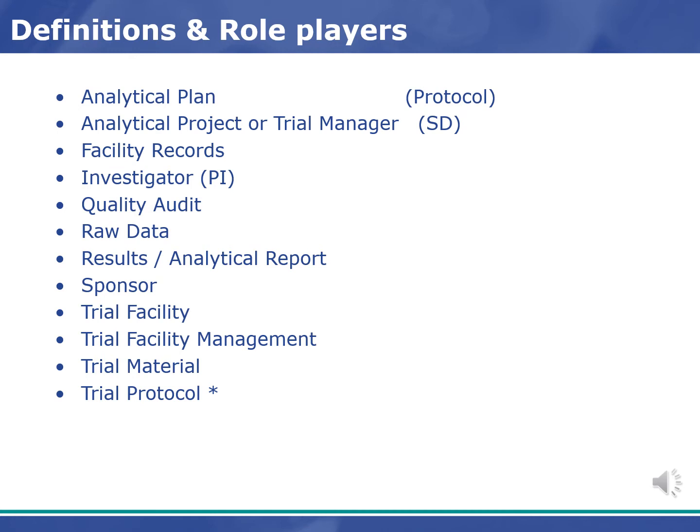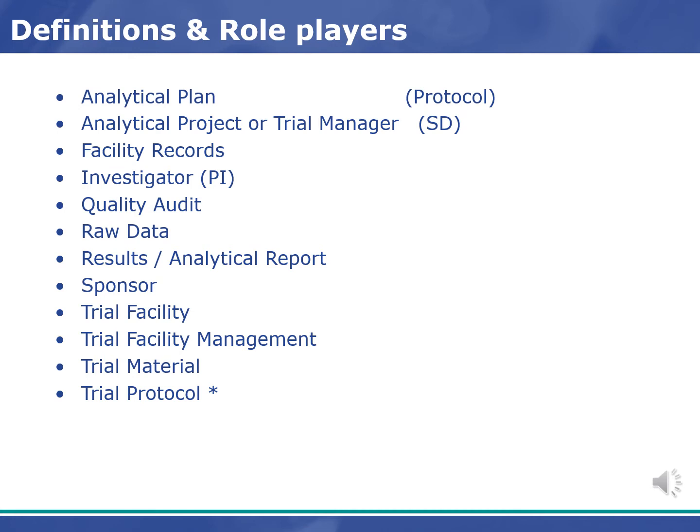Okay, so for any trial following GCLP, there's a couple of definitions and role players we need to look at. One is that for the clinical side, there will still be the GCP regulation. So there will be documentation and trial management files that need to be in place.